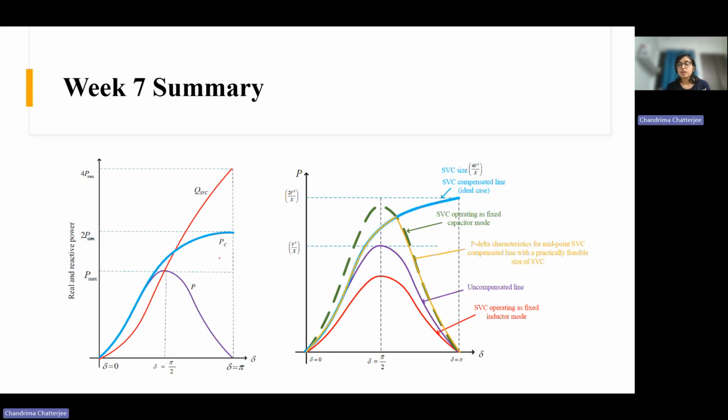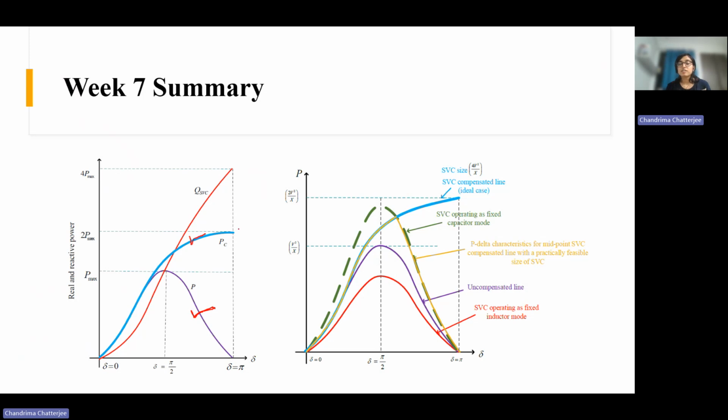These are some of the curves. Over here in the left hand side we have P versus delta. This purple one is the curve for the uncompensated line. Then we have this one when there is compensation.